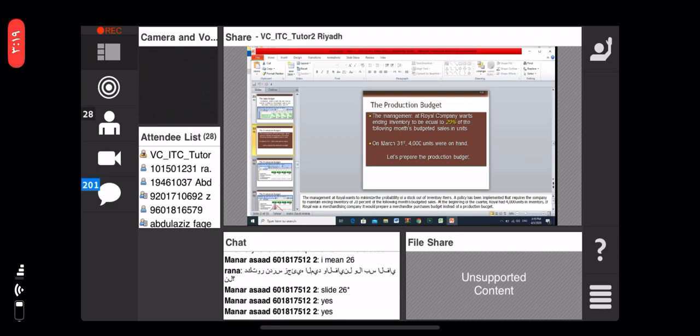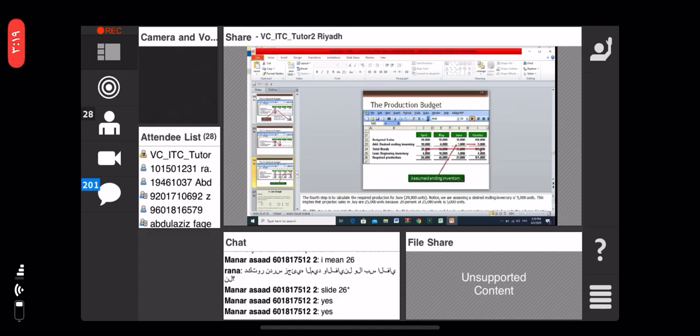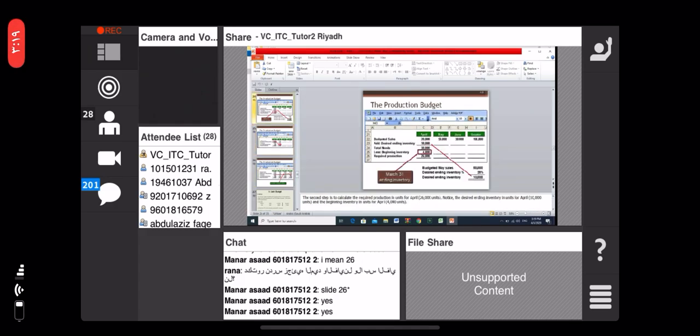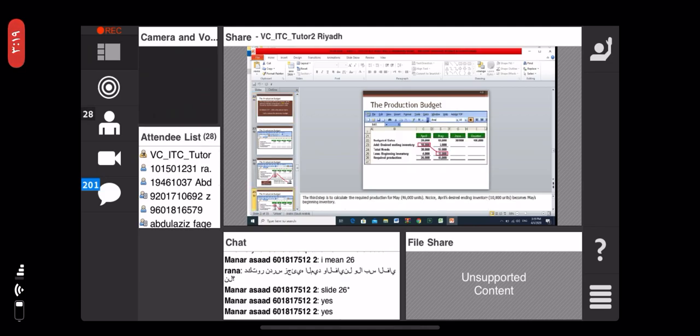This is the message: ending inventory will be equal to 20% of the following month's budget sales. Manar, which month are you in now?